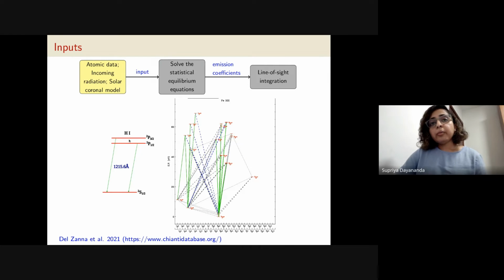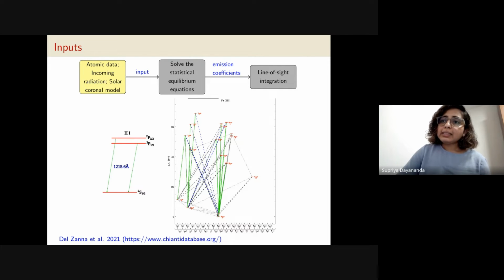Whereas for forbidden lines, like I told you, the levels involved in the transitions are very long-lived. So on the right panel, this is an example case for an iron 13 model atom. If you look at the 10747 line, it is basically coming because of the transition between these levels.